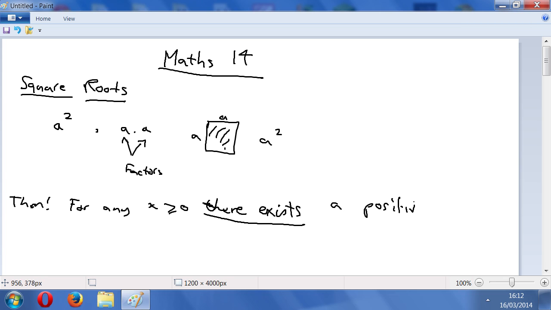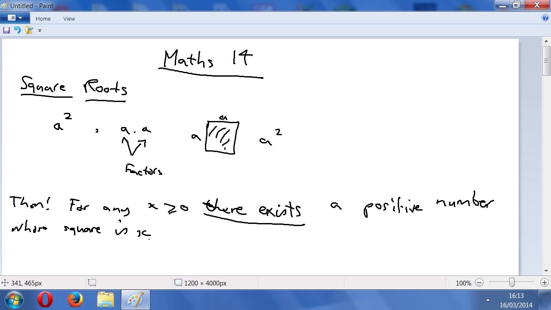There exists, and obviously for 0 you can have it as well. That's why you've got the "or equal" bit to it. There exists a positive number. Its square is x.